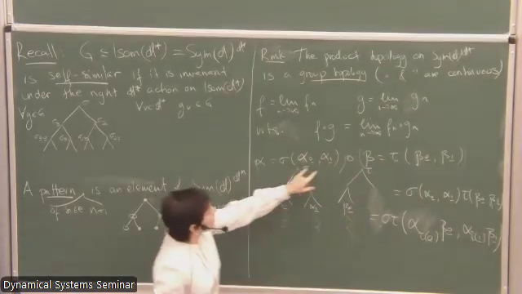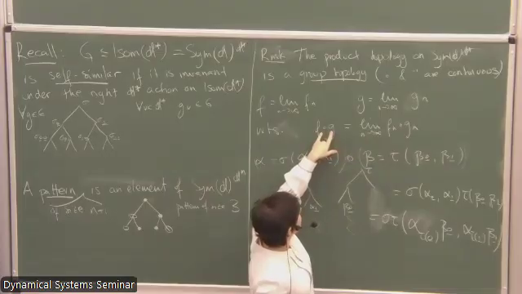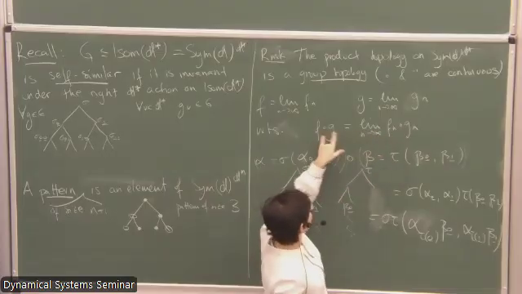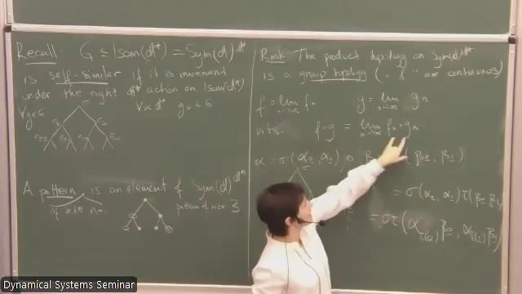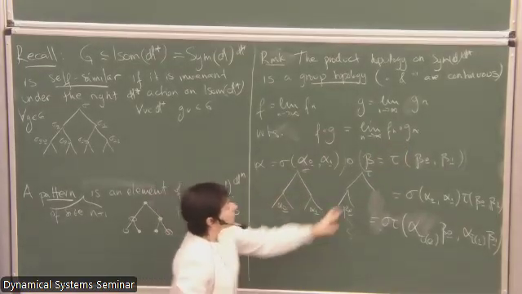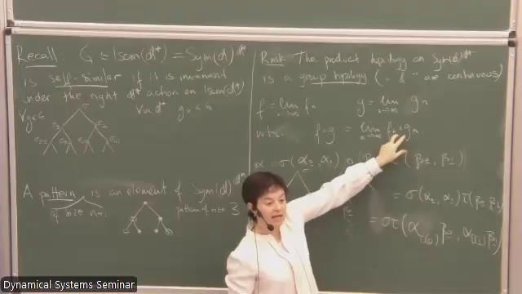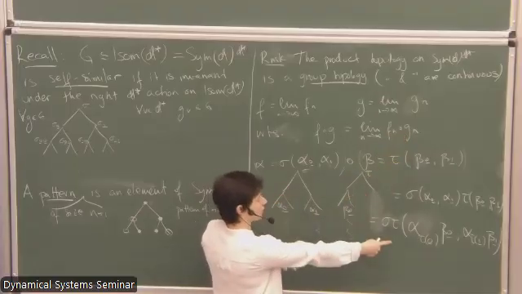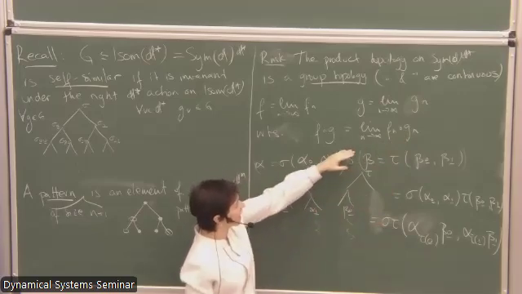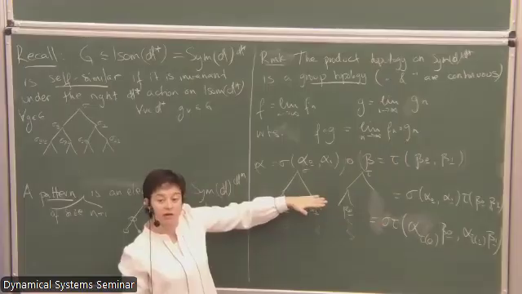Right, so we want to show that the composition of these two things is the limit of all of these compositions. Well, if I compose a bunch of these Fn and Gn, I know that Fn and Gn each tend to F and G, respectively.